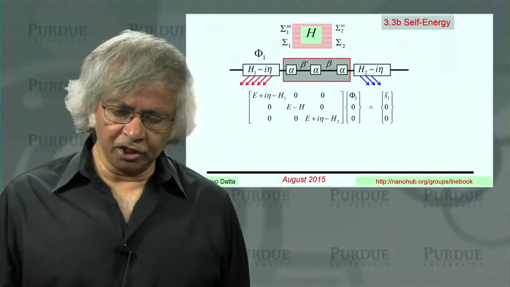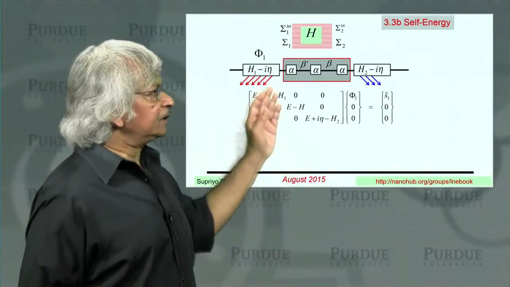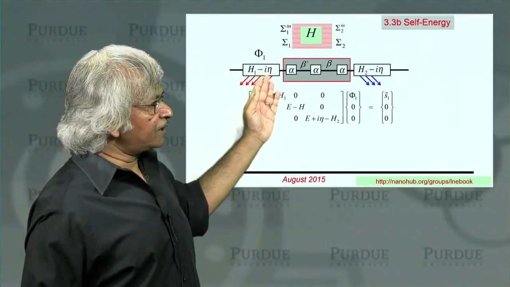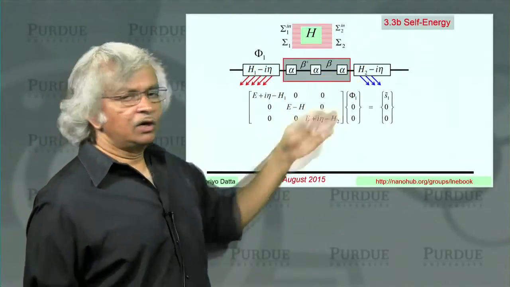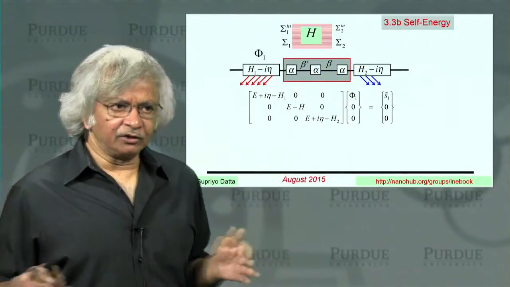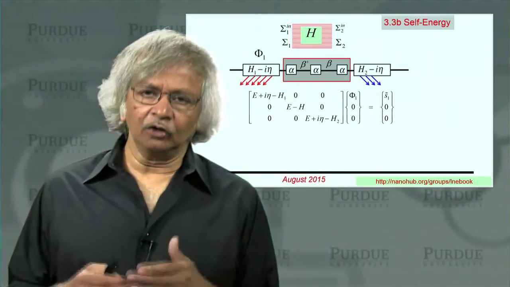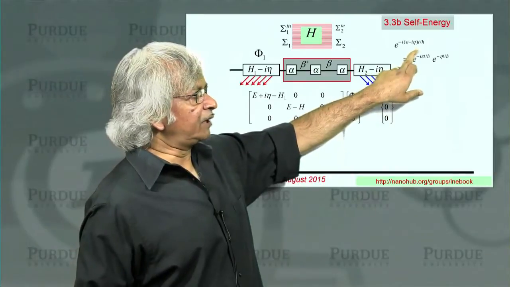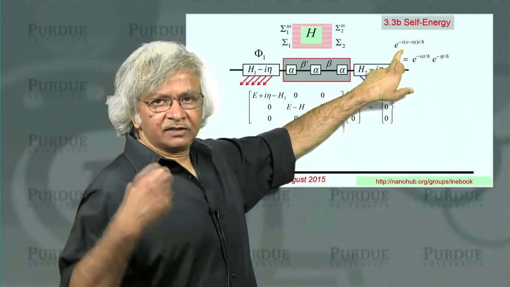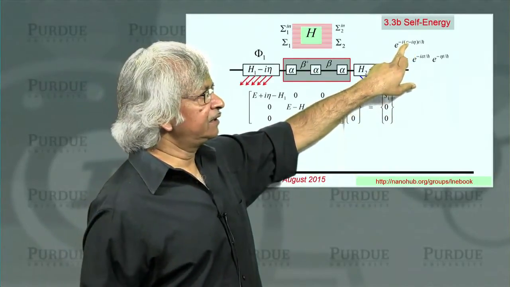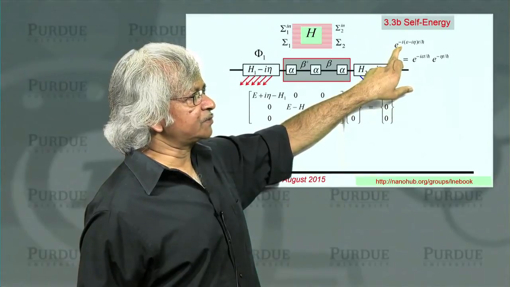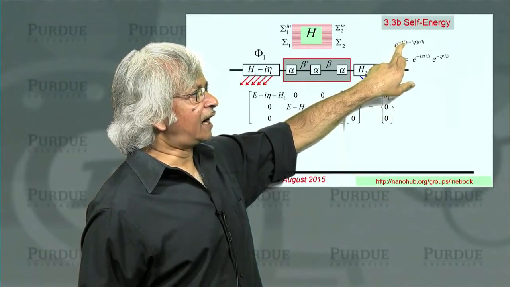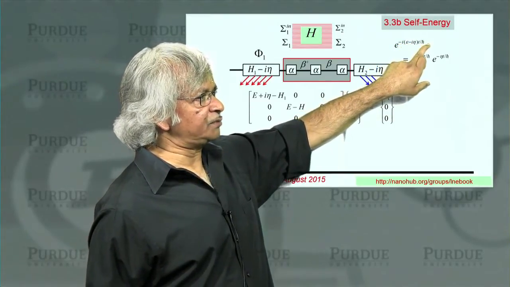And what it ensures is that the wave functions in these contacts decay eventually, so that left to itself, they all go to 0. That is, usually what happens is, if a state has an energy epsilon, then the wave function goes as exponential of minus i epsilon t over h bar.